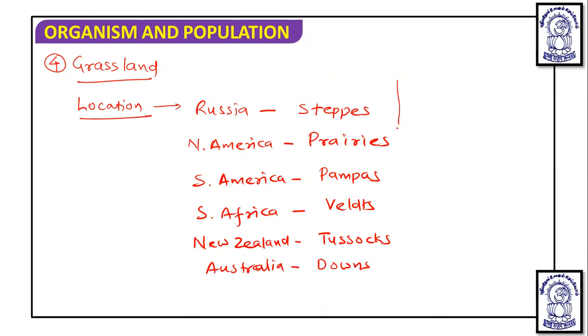Now, if we talk about the features of this particular biome, grassland is a tree-less biome. Why is it a tree-less biome?